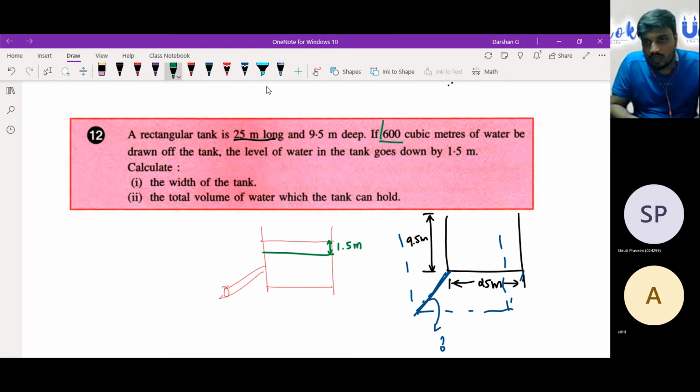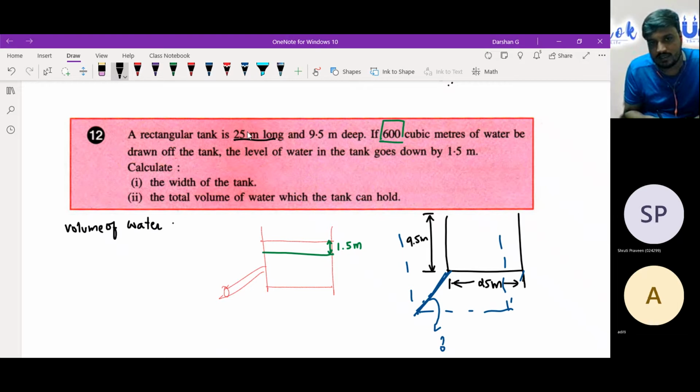And the volume of water which is coming out is 600 cubic meters. So let me write down what all things I know. Volume of water is 600 cubic meters. I can simply write it as meter cube.